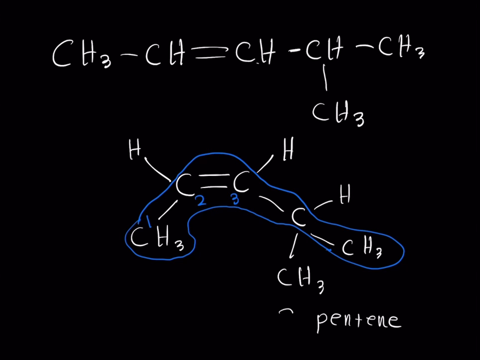So it's going to be 2-pentene, because 2 is the lower number here, in between 2 and 3. And then in terms of substituents, we have a methyl on carbon number 4. So this would be 4-methyl-2-pentene.